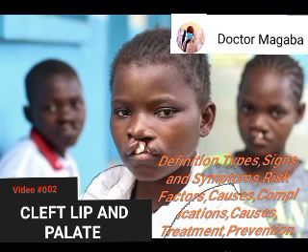Another risk factor is medications. There are certain medications like steroids and anti-seizure medication. These medications, if taken during pregnancy, increase the risk of cleft lip and palate in children.